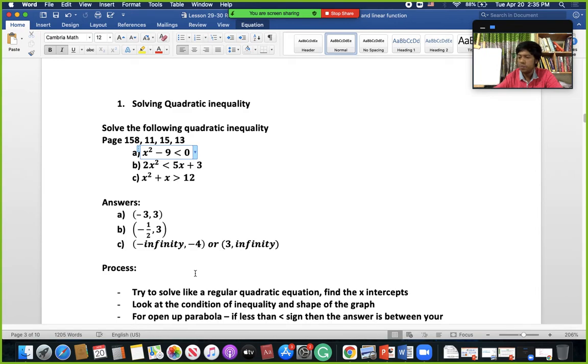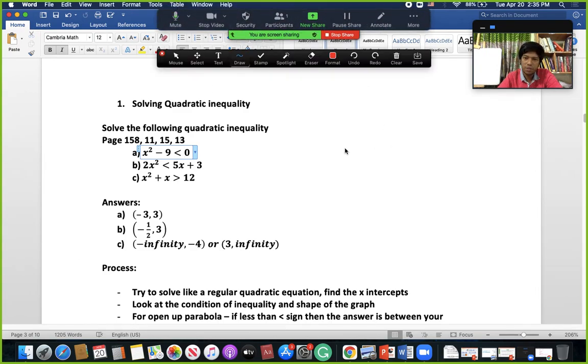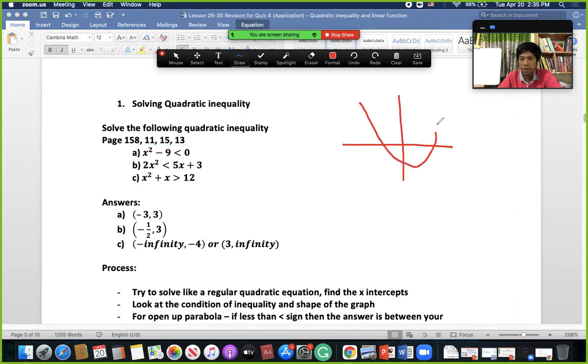Which part of the graph is above the x-axis and which part is below the x-axis. Suppose this point is A and this point is B.